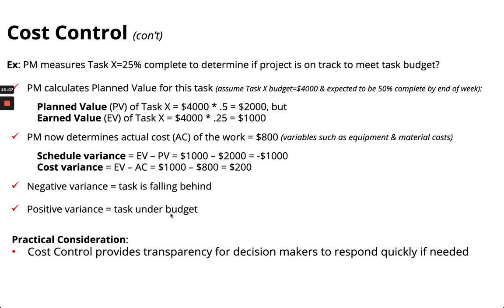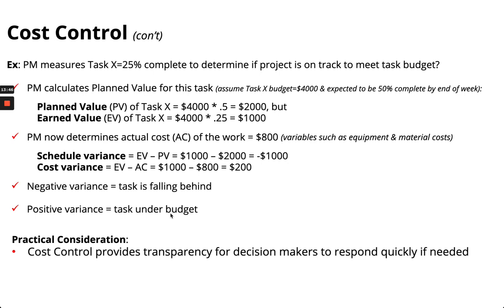So here's a typical example I want to share with you, team. This example says you, the project manager, measure task X, that's 25% complete, to determine if the project is on track to meet the task budget. You, the PM, calculate the planned value, and you assume the budget, let's say, is $4,000, expected to be 50% completed by the end of this week.